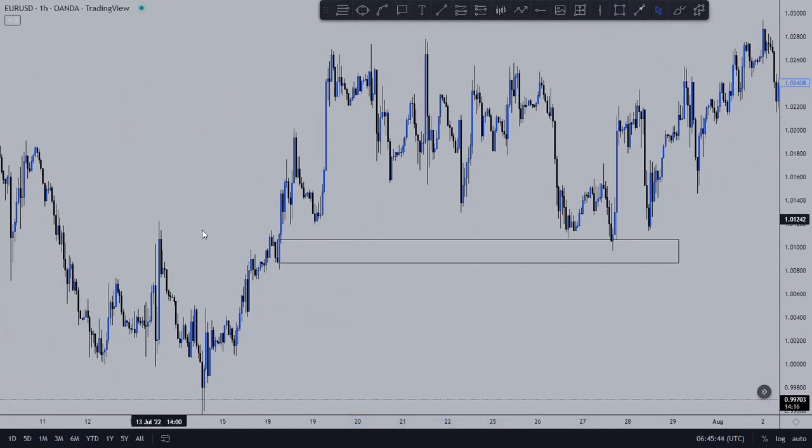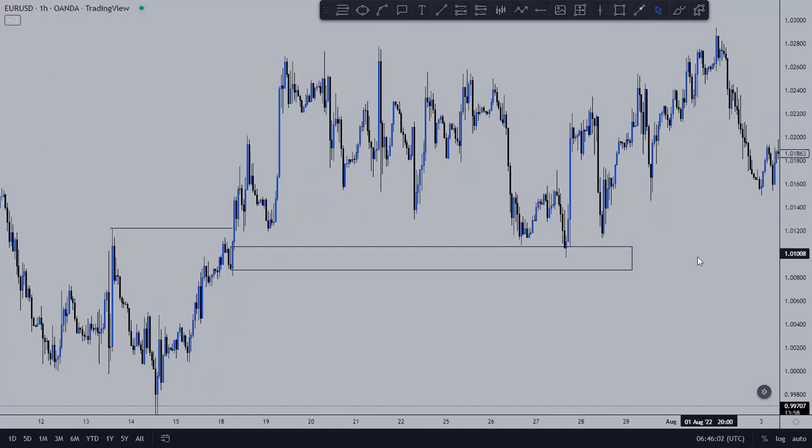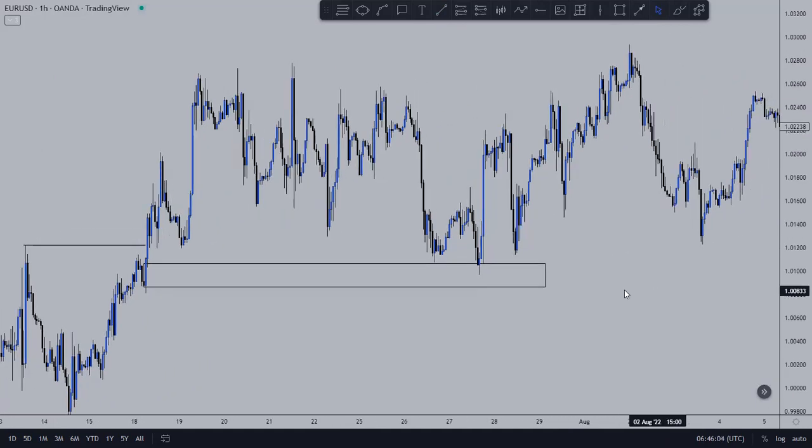That block structure before this bullish move, we had that area as an order block. This area here is a bullish standard order block. If you check, the market came back to the order block, then boom, went all the way up.